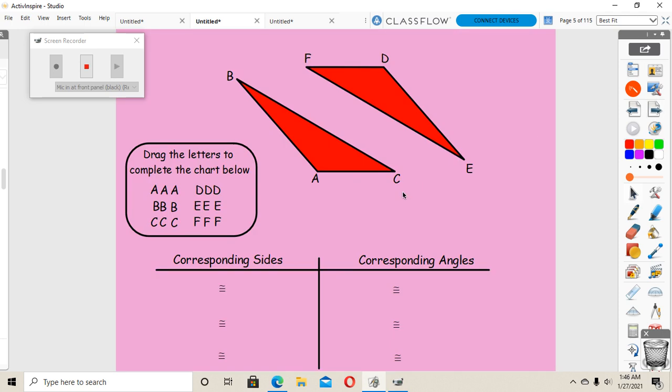Here we have: drag the letters to complete the chart below. We have triangle ABC and then we have D, E and F. Corresponding sides: AB is congruent to DE.